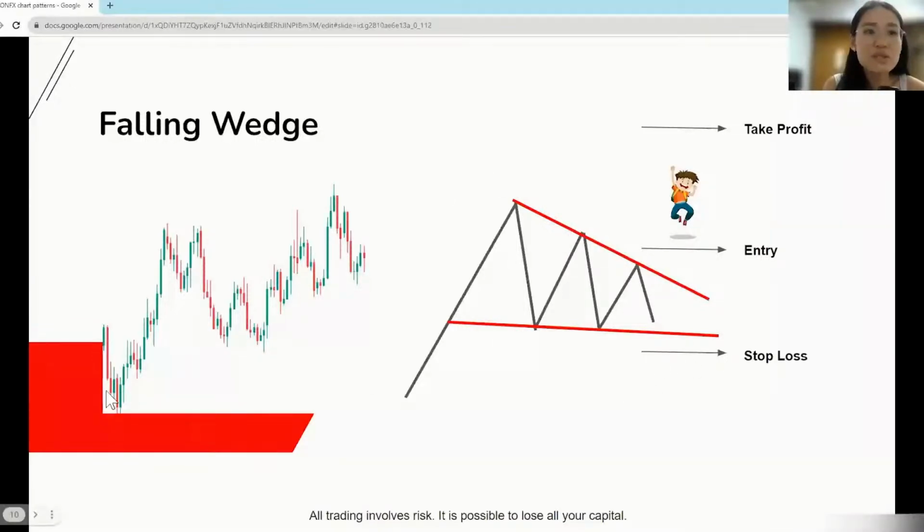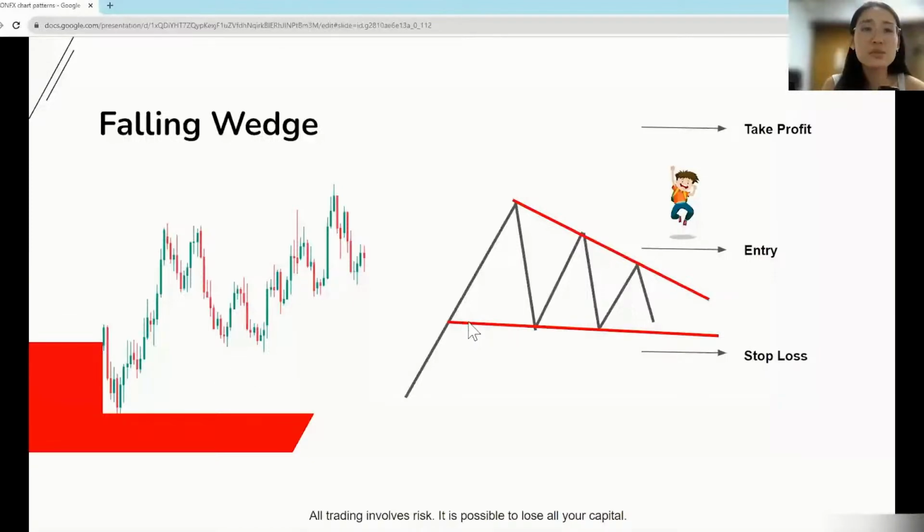But basically what happens is you have this price moving upwards, and then you have price making lower highs. Okay, so it's making lower highs, whereas our bottom line, or rather the swing lows, if you connect the swing lows, it gives you an approximately horizontal level.